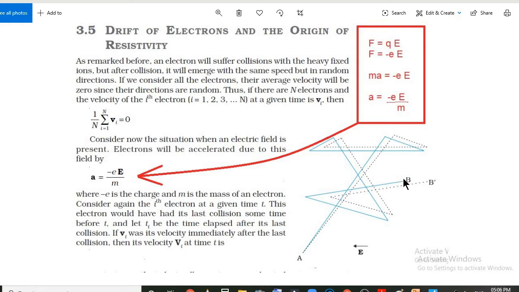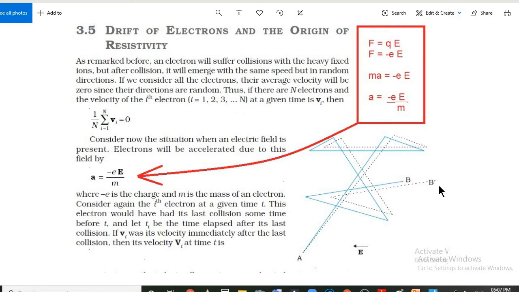You can see the final position. In the absence of a battery, that electron can reach only up to B. But when you are applying an electric field, it is advanced towards B dash. That means while you are applying an electric field, the electrons can advance forward. Electrons can move from one place to another. That's why it can make electric current.